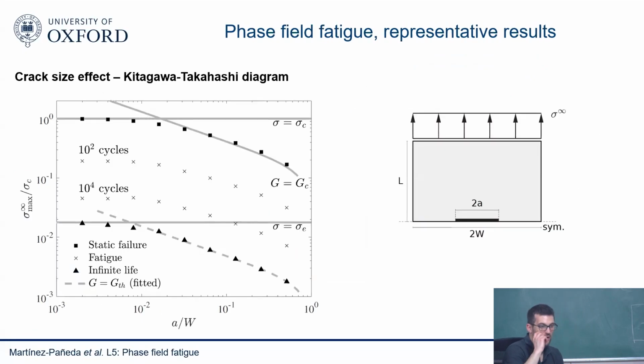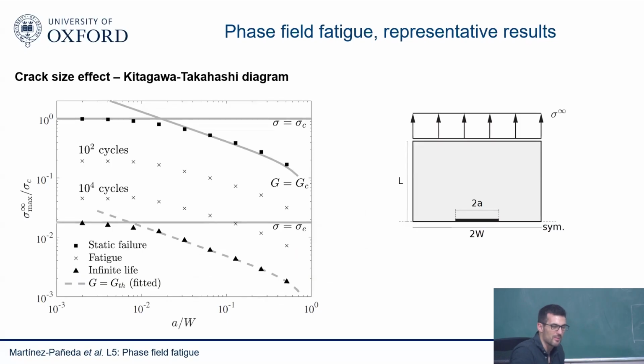These KT diagrams tell you the transition flaw size as a function of number of cycles. The transition flaw size is basically how it changes between the failure stress versus crack size, as a function of strength, which is not going to change that much. Oh, it's going to change with fatigue, of course, but also with fracture energy.